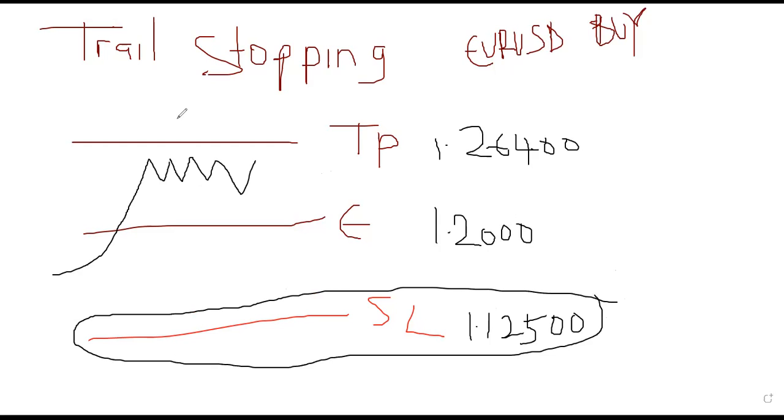Moving this stop loss above the entry point, you agree with me that if the stop loss goes above the entry point, the value will be between 1.2000 and 1.2600. Let's say we put it here. Then let's give this value 1.23500.